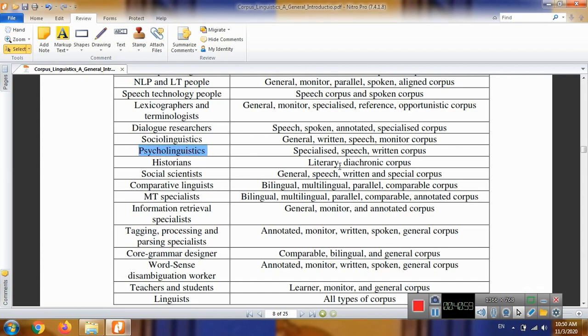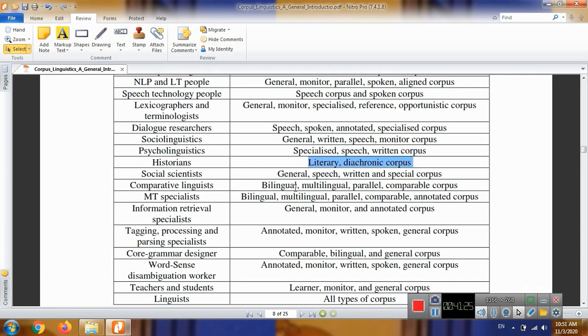The corpus for the historian are literary diachronic corpus because they are concerned with the history. The diachronic corpus and literary are important for them and are useful for them. Social scientists are concerned with general speech written special corpus.